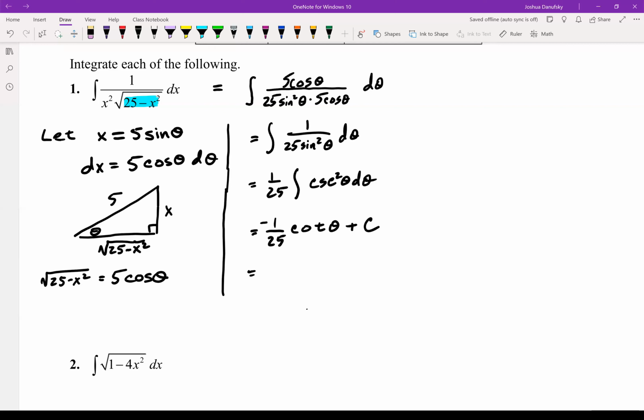Well, if we look at our triangle, we know that the cotangent of theta is equal to the adjacent side, which in this case is the square root of 25 minus x squared, over the opposite side, which is just x. So we end up with negative the square root of 25 minus x squared over x. We have that 25 in the denominator plus c.